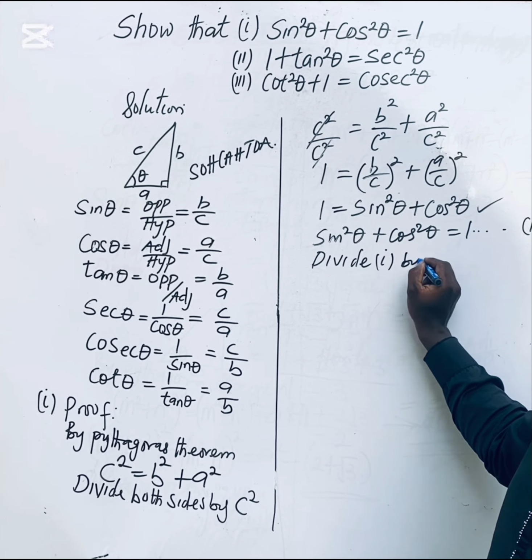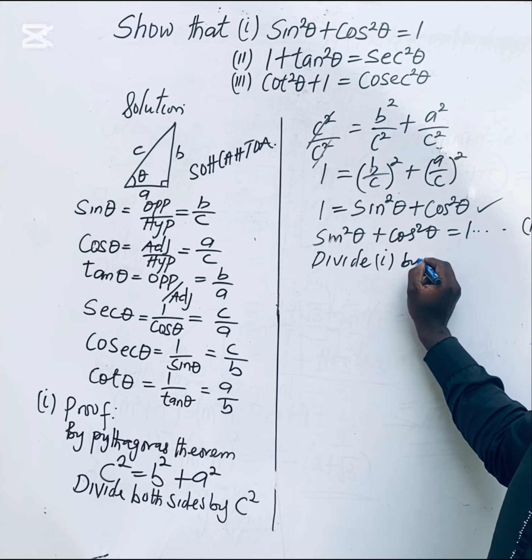So if you do that, you have sine square theta divided by sine square theta plus cos square theta divided by sine square theta equal to 1 over sine square theta.